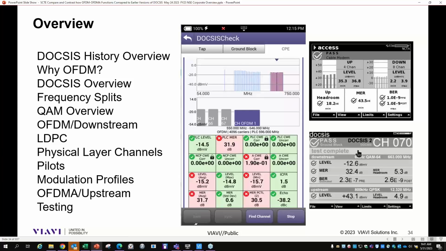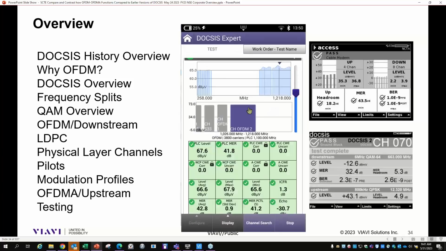Then it eventually went from single to 4 carriers on the upstream, to 8 carriers, bonding to multiple carriers. Now systems are moving to 31 carriers and 2 OFDMA carriers to deliver well over 2 gigabits per second on the downstream.